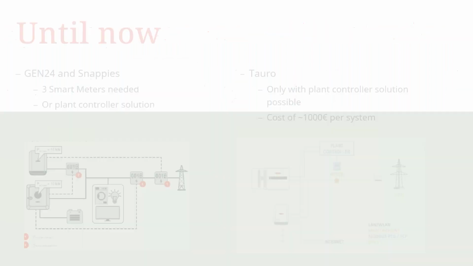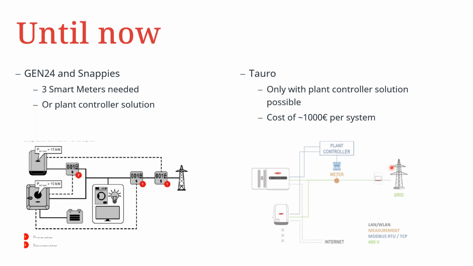So going forward, this is what used to be. If it were the case of a Gen 24 in a mix with Snap inverters in the system, just like David has earlier explained in his slides, it would warrant us making use of multiple smart meters.